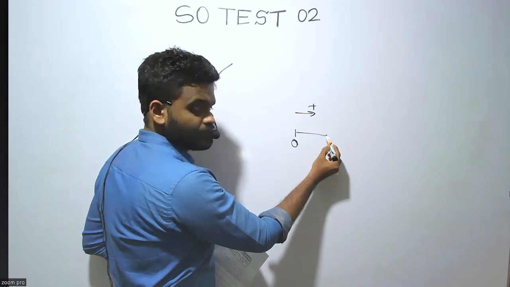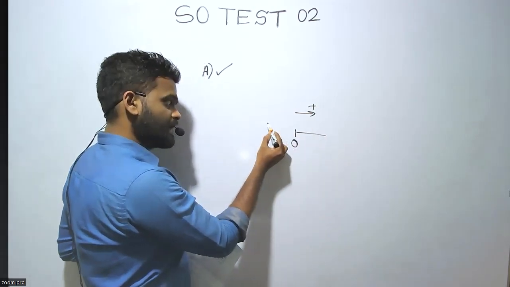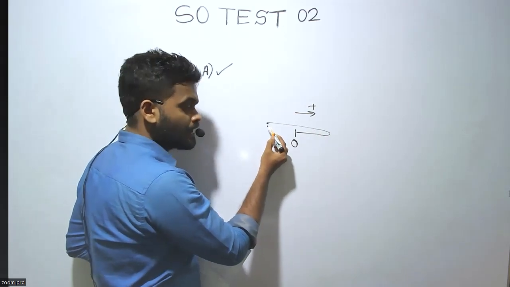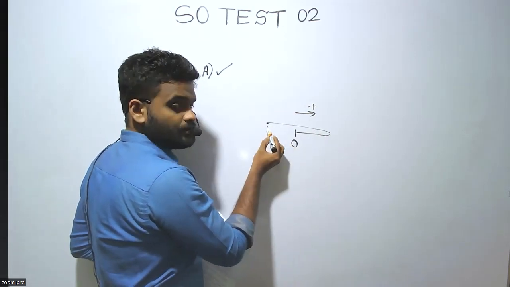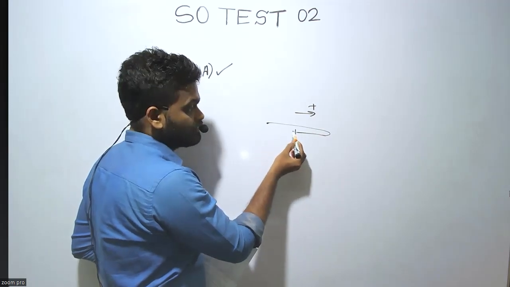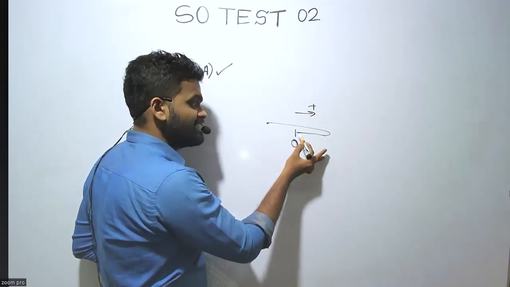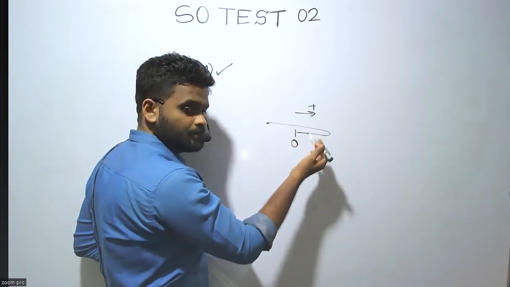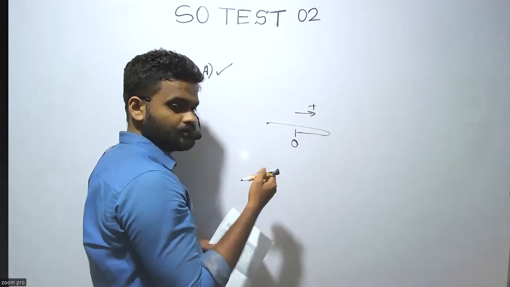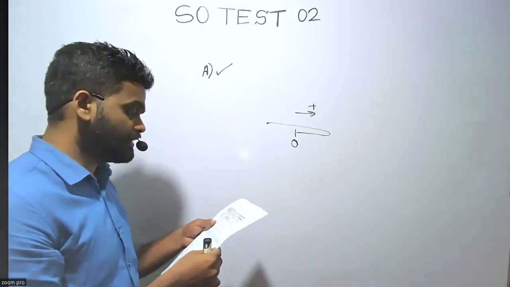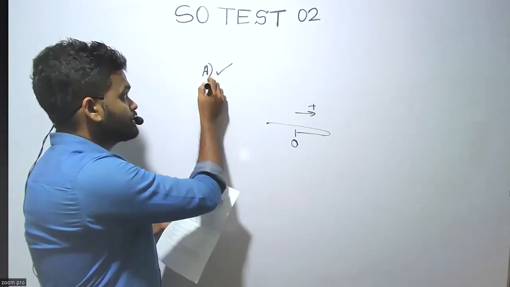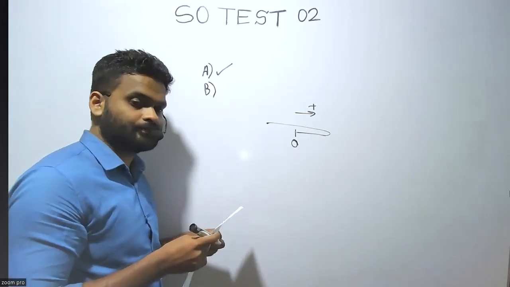If the object moves to here and comes back to here, now the displacement is negative, measured from the origin to the negative direction. But the distance always adds up, this plus this. So distance cannot be negative. So A is true.